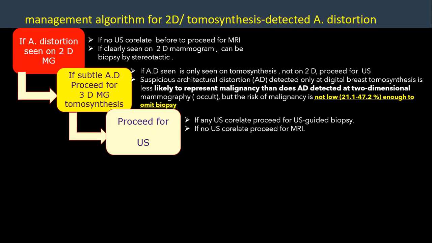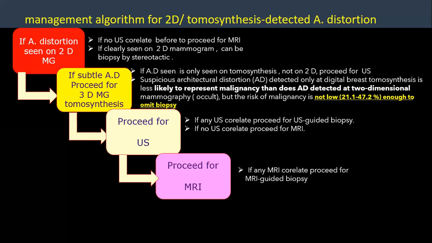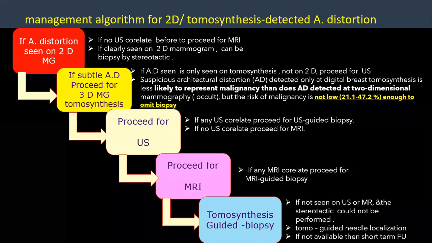If you cannot see the lesion on ultrasound, go back to mammography, and if you have stereotactic facility, you can use it to take a biopsy. Otherwise, proceed to MRI, and if there is an MRI correlate, it can be used as guidance for biopsy.